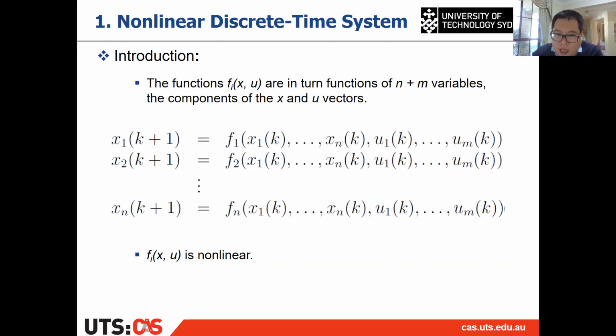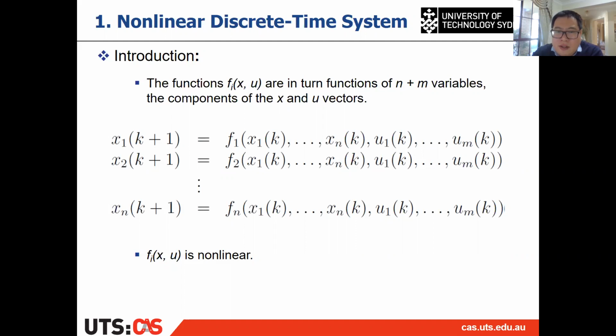Right, that's for a general case. It's a multifunction as well. So if you remember, in the linear discrete time system, it's Ax plus Bu. Then A and B can be matrices. Then x and u can be multiple variables in them.